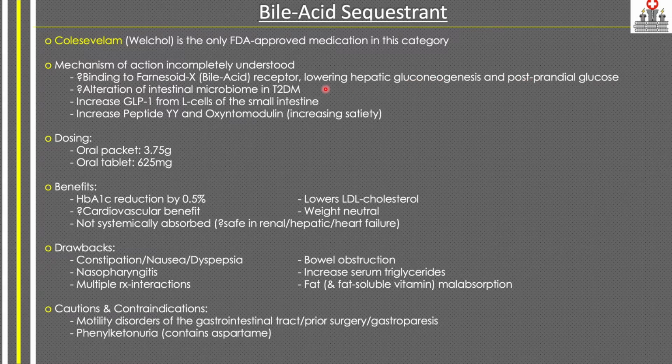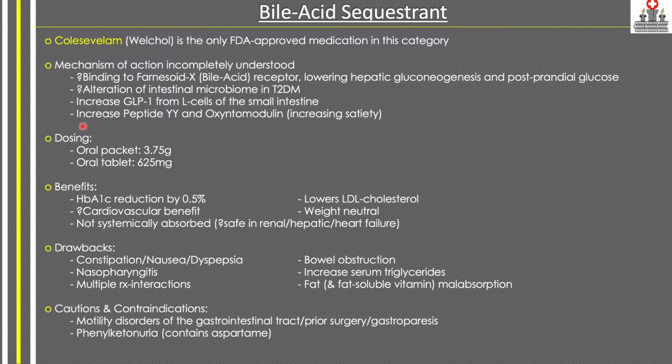There's also some evidence that in type 2 diabetes mellitus, the intestinal microbiome appears to be altered, and this medication may fix that. Again, there's also some evidence that GLP-1 is released from the L cells of the small intestine, increasing their levels, as we know, can improve satiety, slow gastric emptying, and decrease glucagon levels.